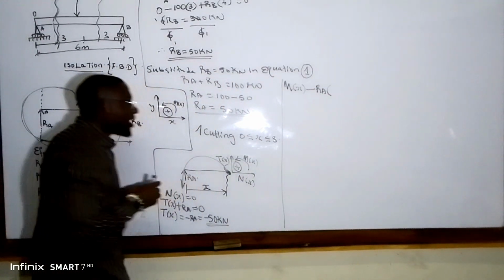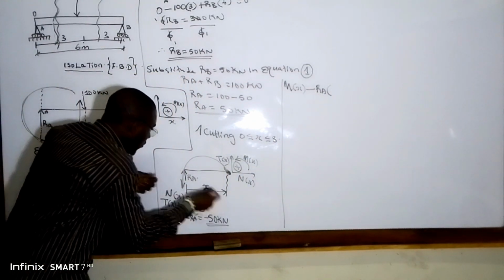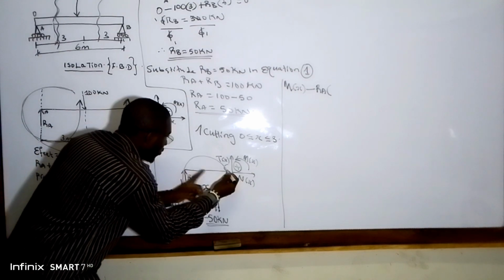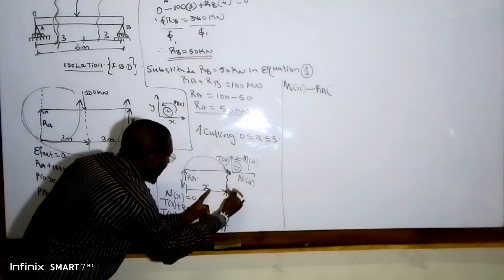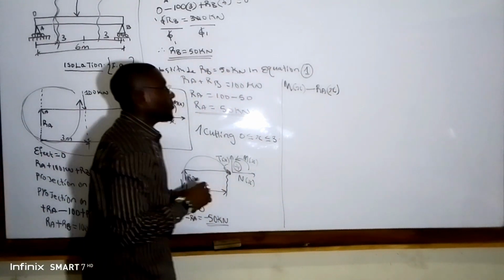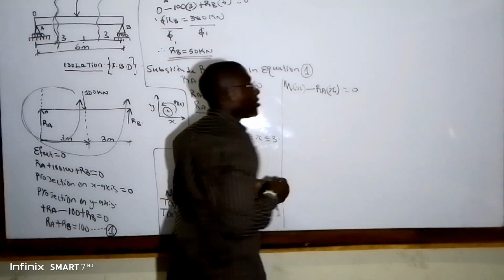And we know that moment is the product of the force by a perpendicular distance. So this is our center of moment, this is the force, and the perpendicular distance from RA to our center of moment is this x. So we affix our x there. We equate it now equal to 0.